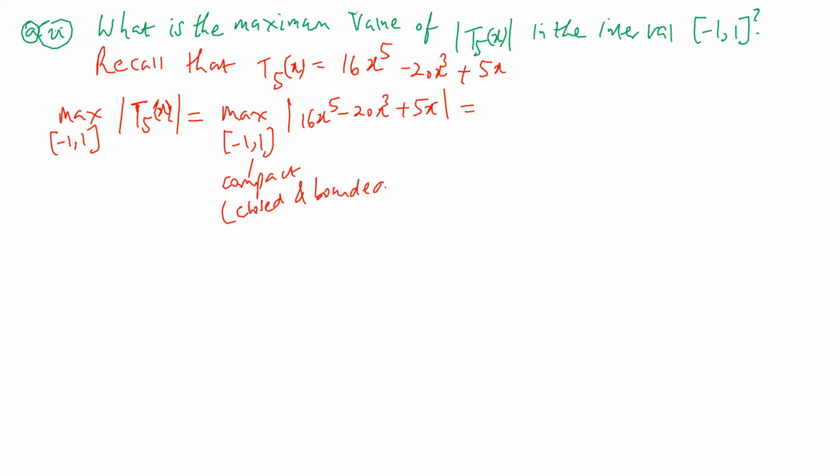It is a closed and bounded interval, and therefore is called compact. So at the end of the day, you have 16 to the 5th power minus 20 to the 3rd power, and the modulus.